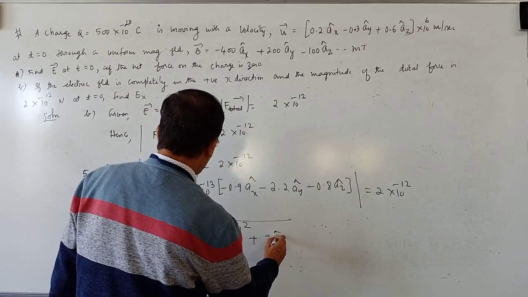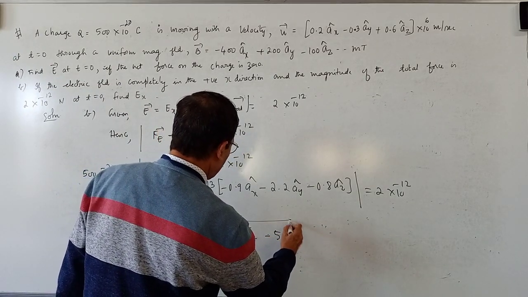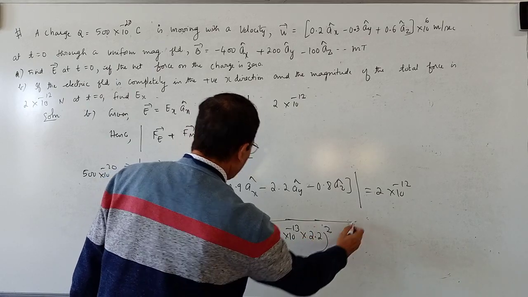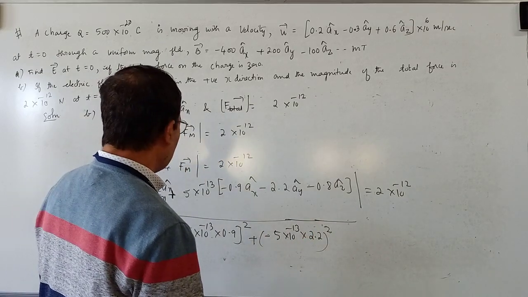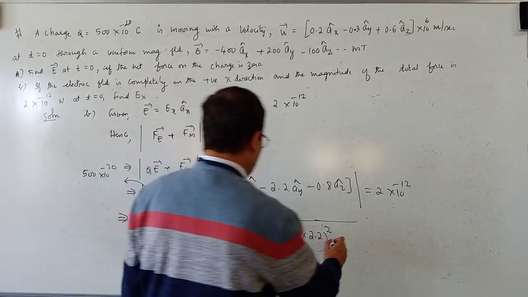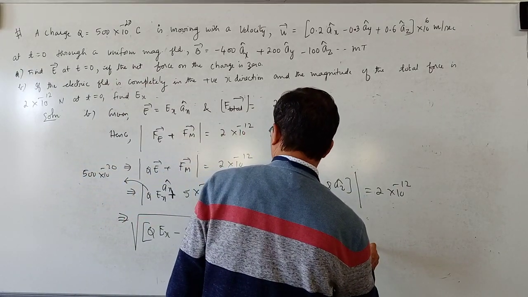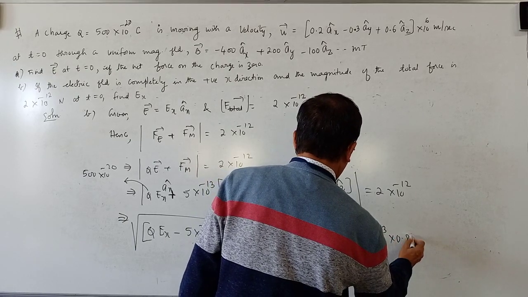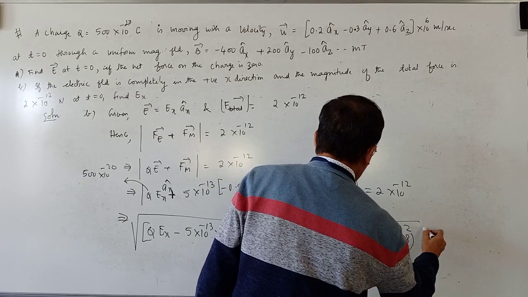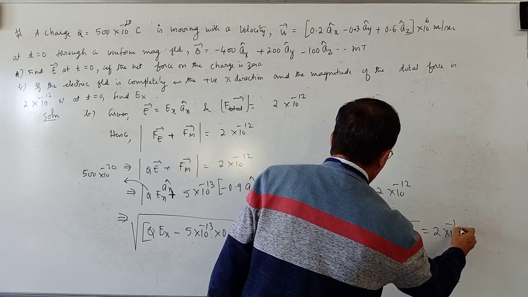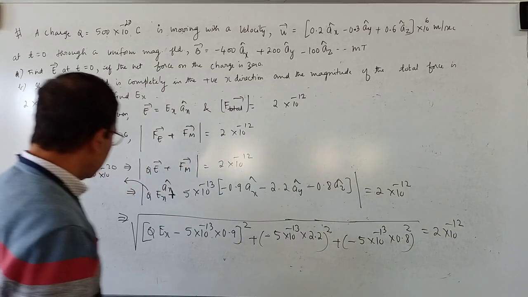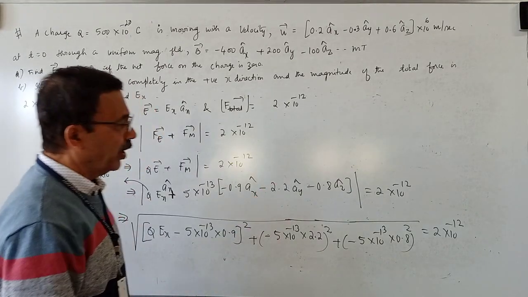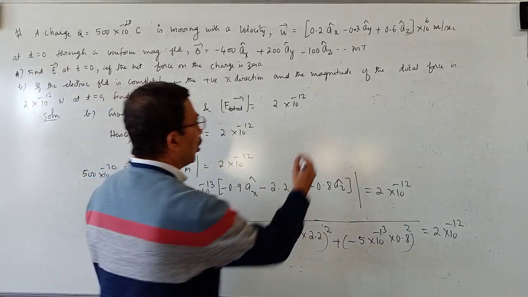Plus minus 5 into 10 to the power minus 13 into 2.2 whole square. What is coefficient of Az cap? Plus minus 5 into 10 to the power minus 13 into 0.8 whole square is equal to 2 into 10 to the power minus 12. In this expression, only unknown is the Ex, both sides squared, you will get a quadratic, solve it.